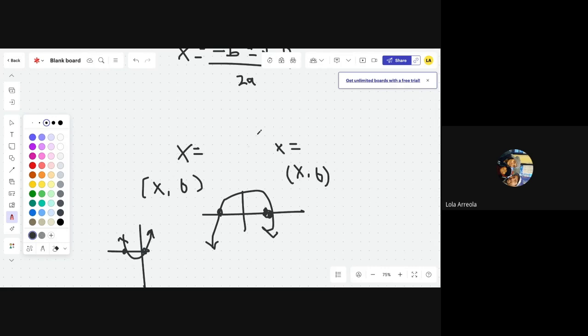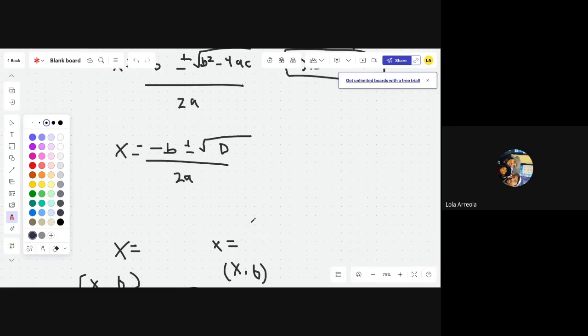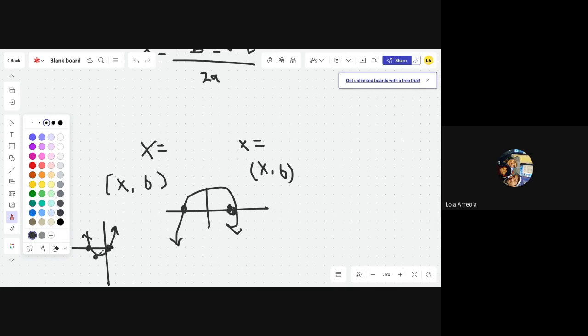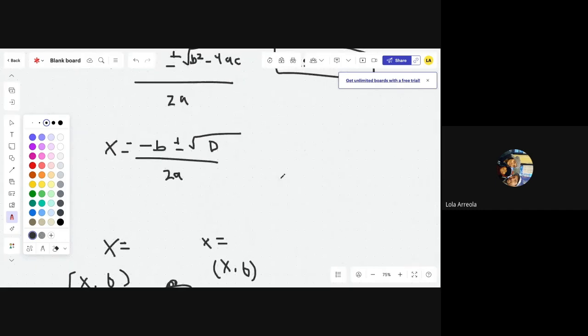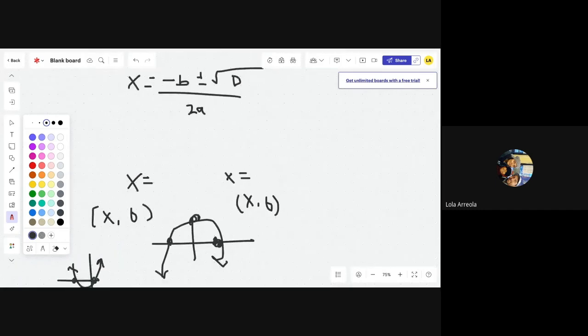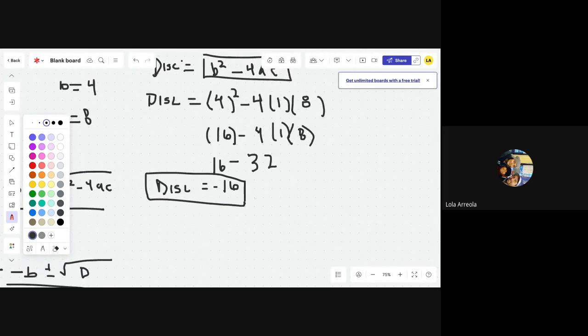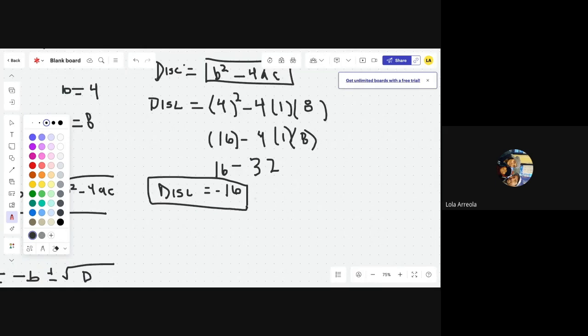That's why we solve for the discriminant, so I know how many times or what kind of x values I'm going to get. All right, just like I could solve for my vertex for a quadratic function, I could also solve for my x-intercepts. That's why we use the quadratic formula. And then it's important to know what kind of x values I get. That way I'm prepared to draw the graph as well.